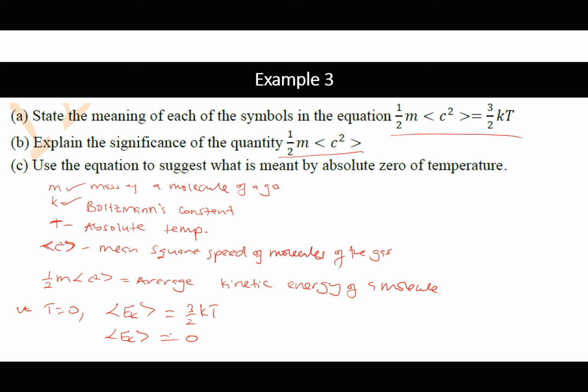So the kinetic energy EK is equal to 0. That means the molecules are at rest. So absolute zero is the temperature at which the kinetic energy of the molecules is 0, or the molecules of the gas are permanently at rest. I hope that is clear, home and dry.